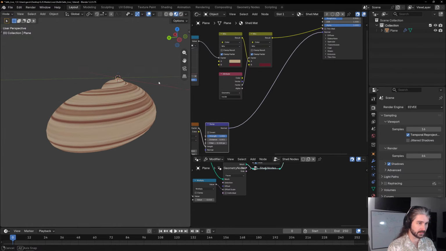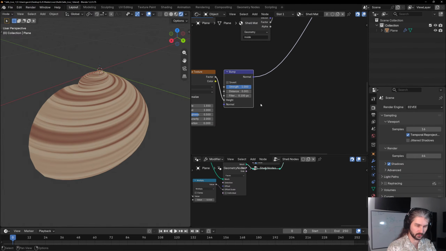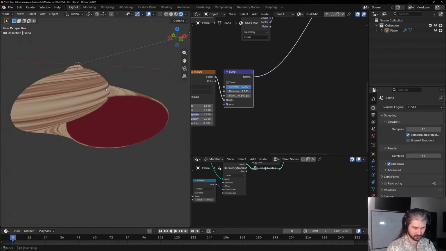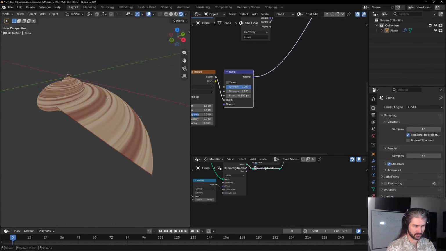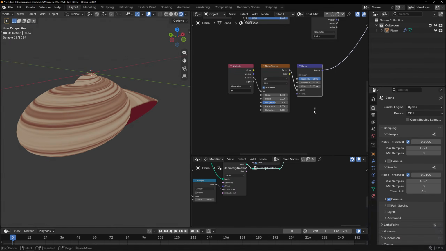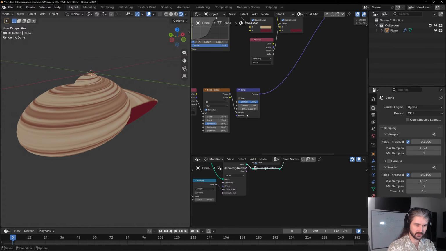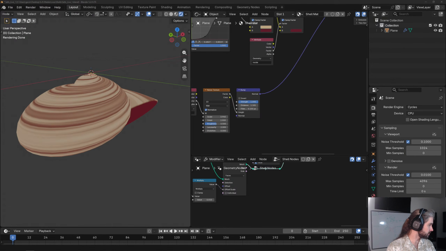We don't see anything at the moment. Let's make sure we're in the proper view though. And if we increase this, we should see bump. Looks like no. We should see it in cycles. Or am I just not doing this right? Hold on 1 second. Is that not correct?